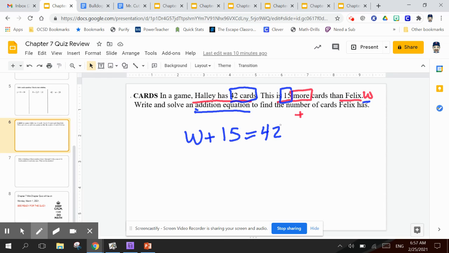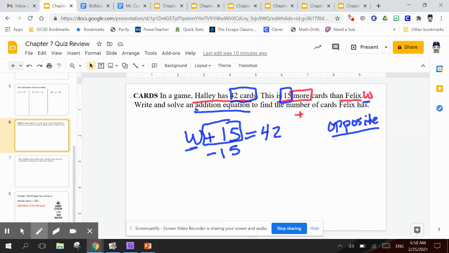Now we have to solve. How do I solve an addition equation? I have to do the opposite. To solve an addition equation, I always subtract. So I need to get my variable by itself. So I have to do the opposite of add 15, which is to subtract 15.